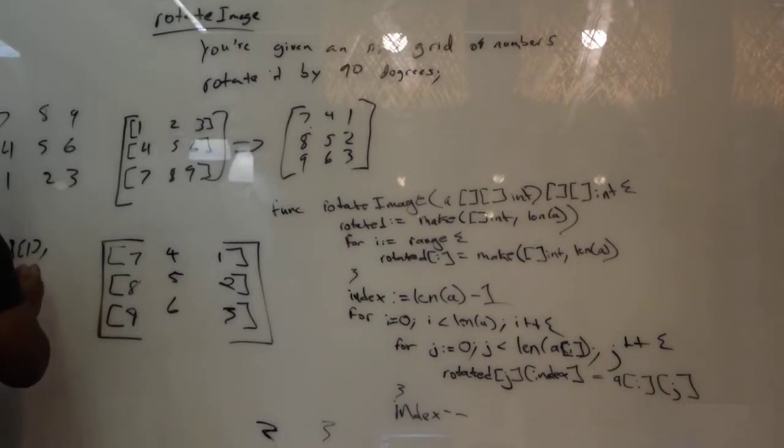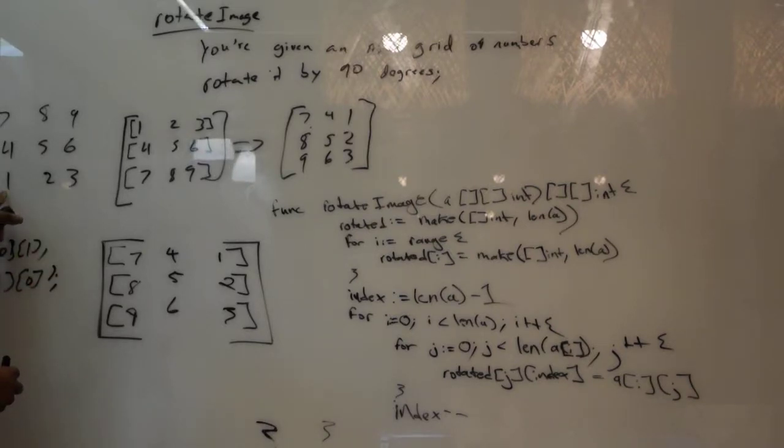Good. The next one would be the same thing: 0, 2 with 2, 0. We'll just put a plus plus and a plus plus. We're all smart people here.